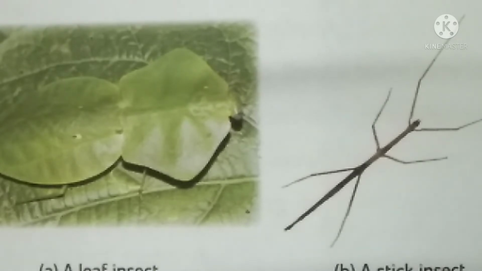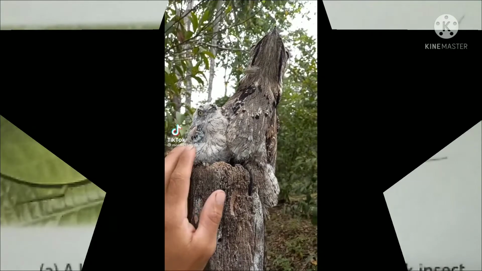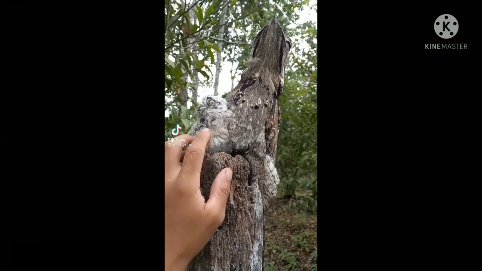Now, most of the animals found here stay on trees. So they have developed muscles in their arms and legs which help them to stay on the twigs or on the trees without falling. Now look at this.